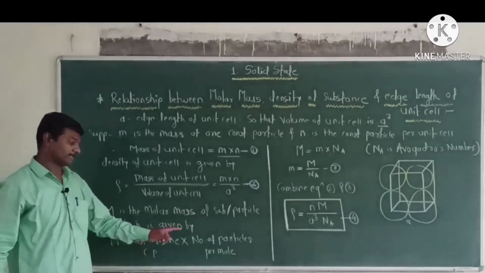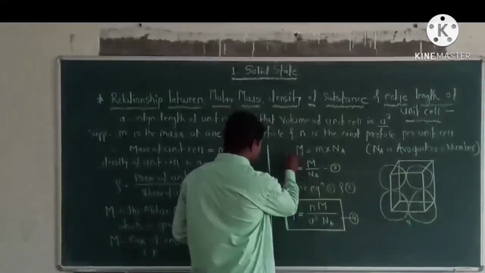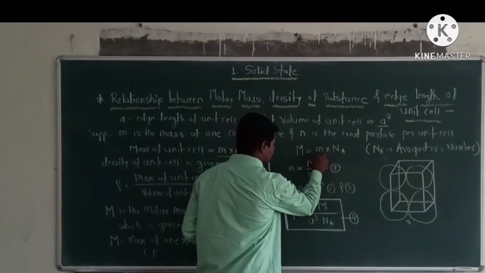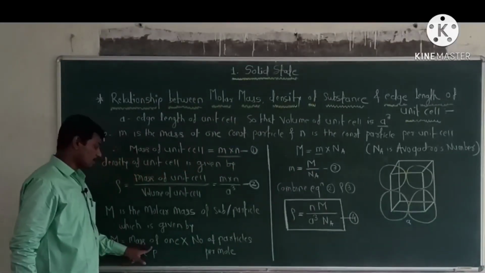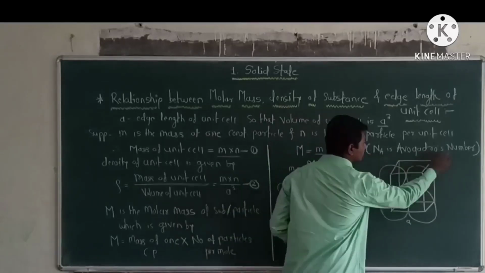So capital M, that is molar mass, is equal to m into Na, where m means mass of one constituent particle and Na is Avogadro's number.